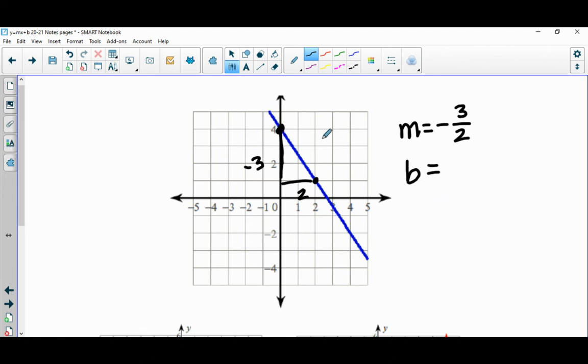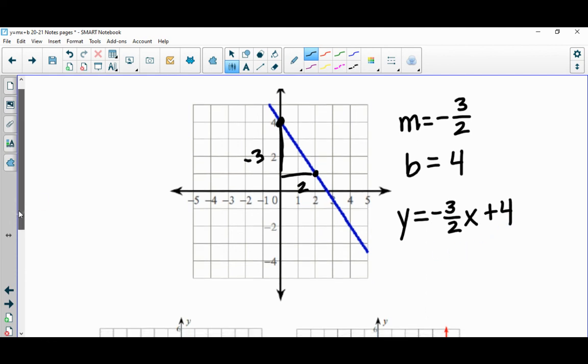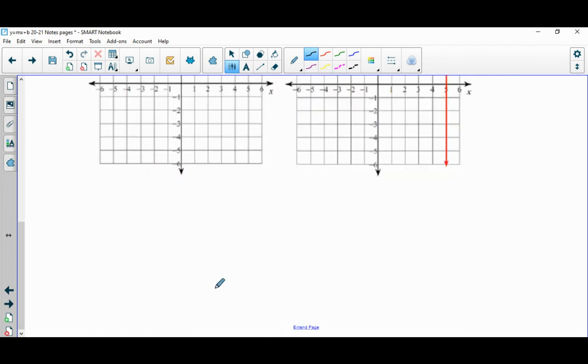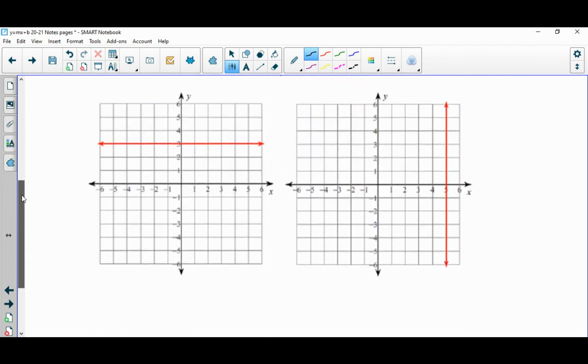The y-intercept happens up here where y is 4. And the final step, type out what your equation would be. So using the slope as m and your b value, your final equation is y equals -3 halves x plus 4.